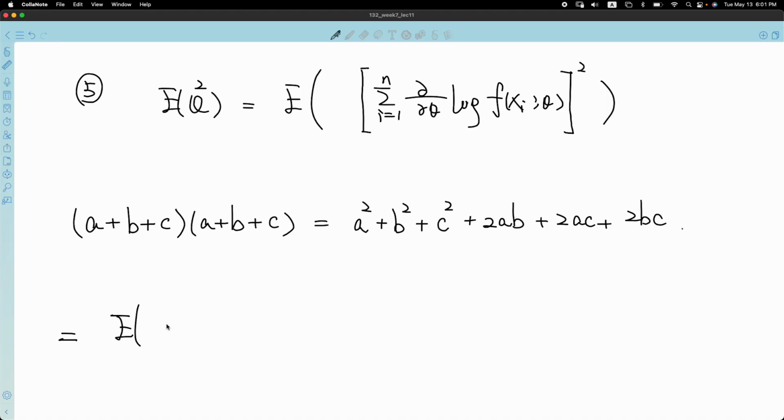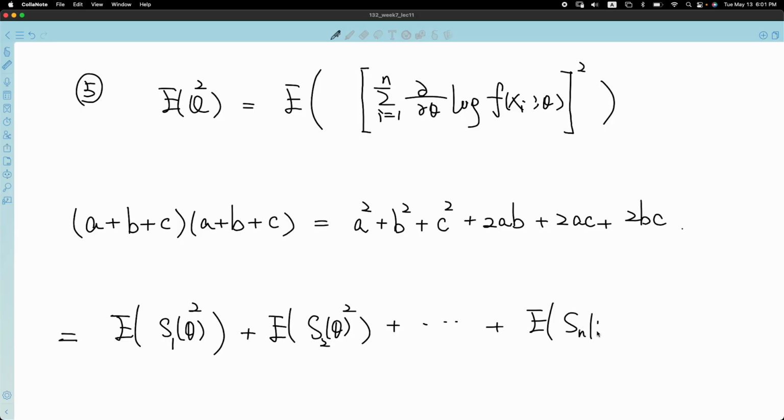I will have the expectation of the score for my first data point, squared, plus the expectation for the second data point, squared, plus all the way to the n-th data point, squared.